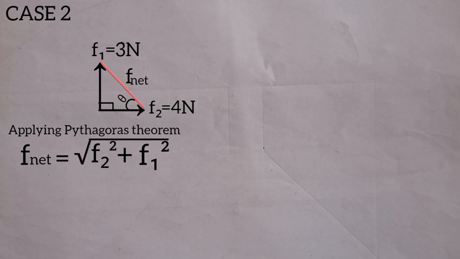Whenever you're calculating the net force of two forces that are perpendicular to each other, we make use of this. Is that taken now? So we'll call this the resultant force. Because you cannot see the net force along the horizontal axis, neither can you see the net force along the y-axis, you say resultant force. So you're bringing all the forces together.